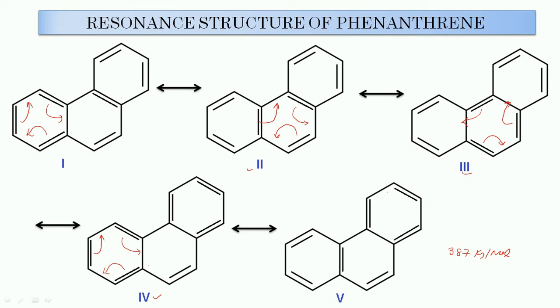The resonance energy of phenanthrene is about 36 kilojoules per mole higher as compared to anthracene. Anthracene has a value of 351 kilojoules per mole, and this is mainly due to an additional resonating structure in phenanthrene.